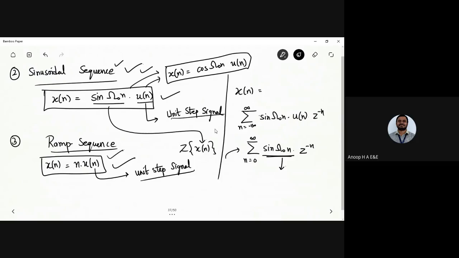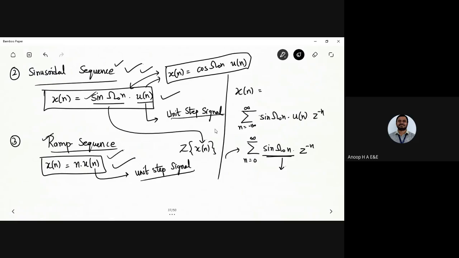Both are sinusoidal in nature, because just taking sine would not make a sinusoidal sequence. We generally use sine, but the cosine function, the co-angle of it, is also considered a sinusoidal sequence. The next one would be the ramp sequence, which you can take and conclude what can be done.